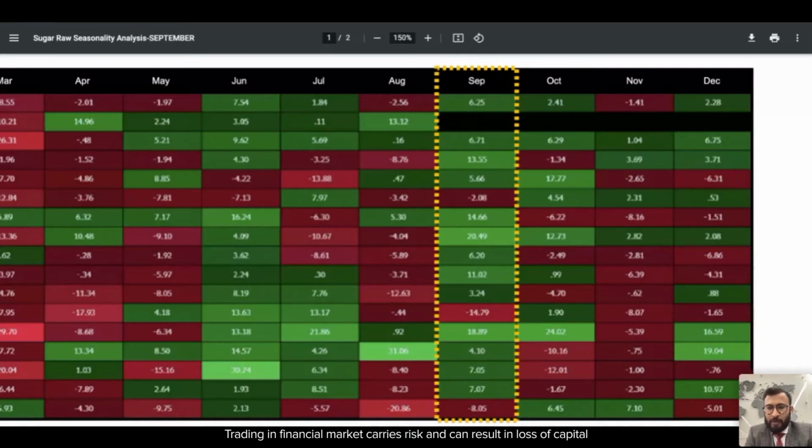Okay, so that's 3 times. Can you also tell me the number? What is the percentage maximum negative return? Sorry, I was not clear about it. So it has gone down 3 times. But what is the maximum negative percentage? If I say that sugar raw has fallen this much percentage the most in the last 15 years, what is that number I'm talking about?